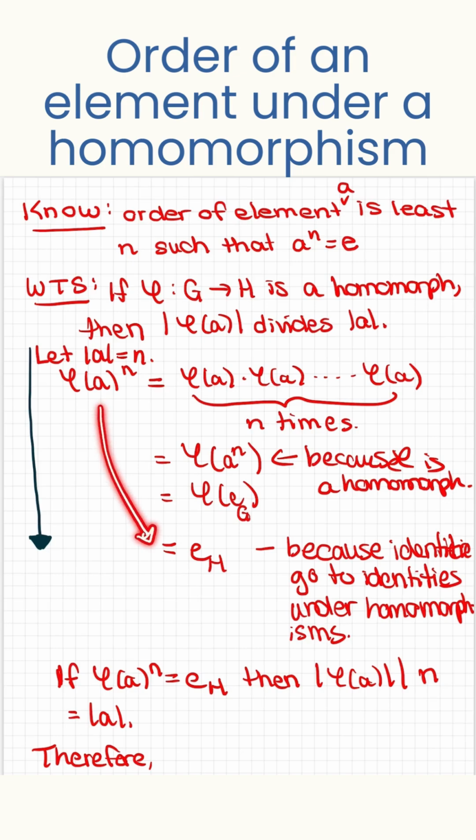So the order of phi of A dividing n is the same thing as what we set out to prove here. Okay, so basically I'm trying to do my what-to-show first instead of elaborating on my know condition.